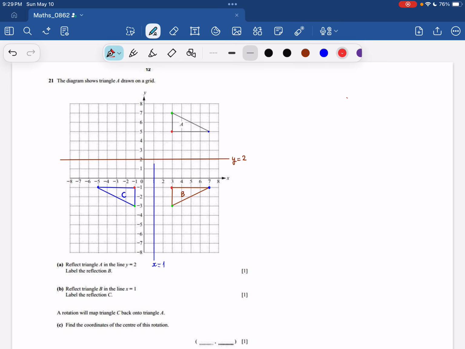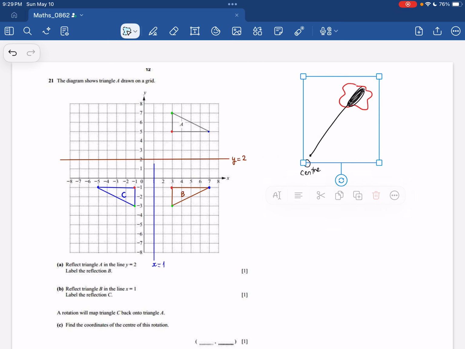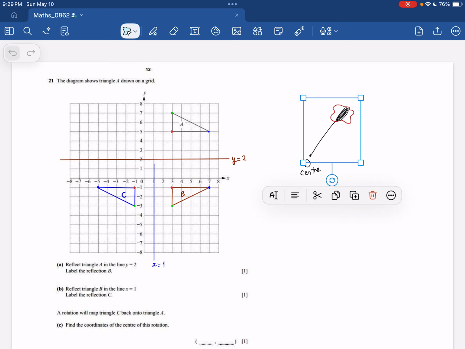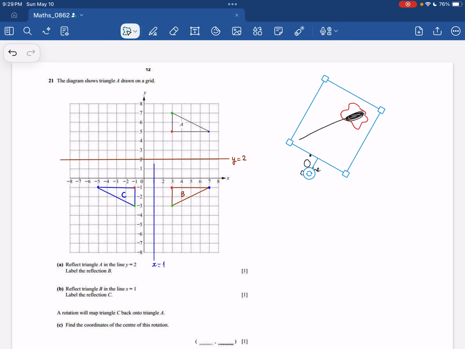Let me just draw any kind of rock, and that rock is tied to a string at a center O. Then you swing the rock around. So I swing it, which means that I rotate it.